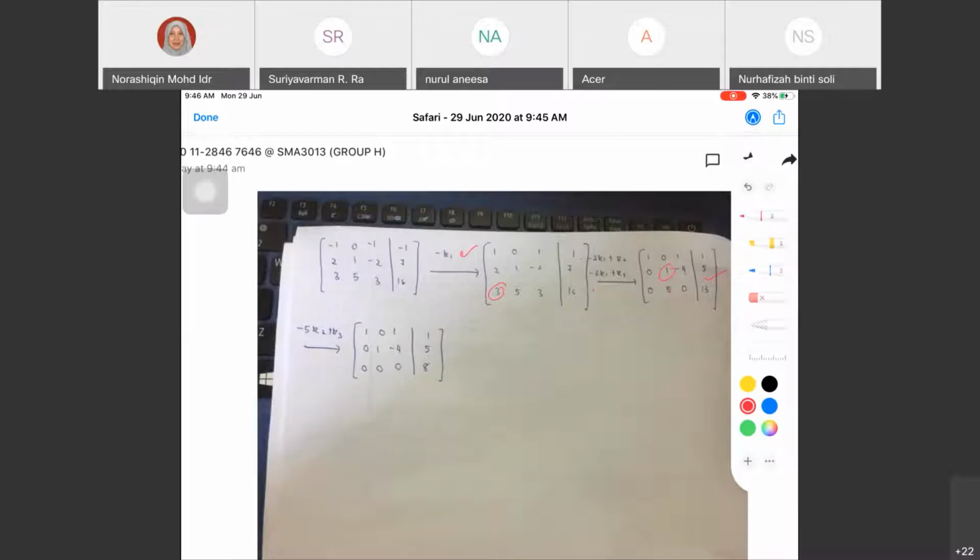Ni betul ke ni? Negative 5, negative 4, 20 plus 0. So it should be 30. Betul tak? So ni dah salah. Okay, Anis. Be careful.